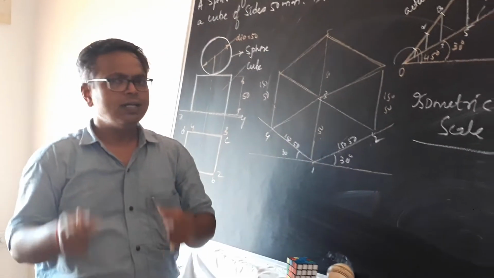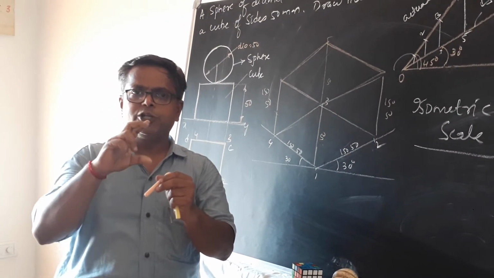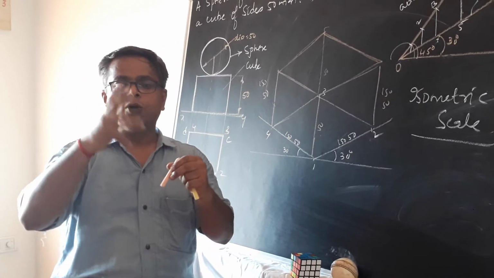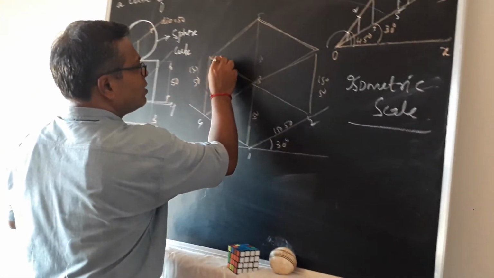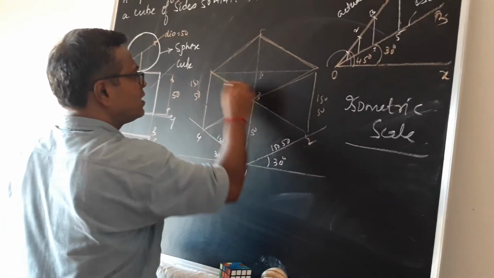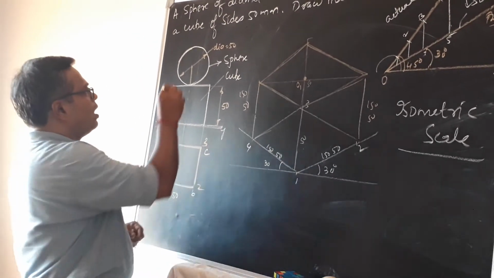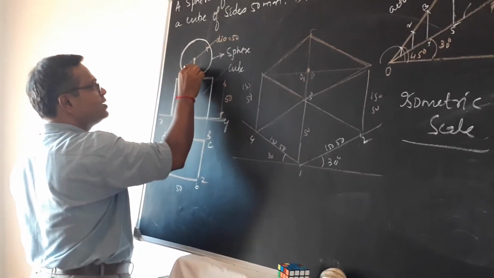How do we draw that? Sphere, please remember, when you draw a sphere in isometric projection, it should be like a sphere only. If you see the ball from any direction, it looks like a sphere only. How can we draw that? First you draw a horizontal line, draw a vertical line for the top face, you will get the center called O1. The sphere of dia 50 mm is given, the radius is 25.